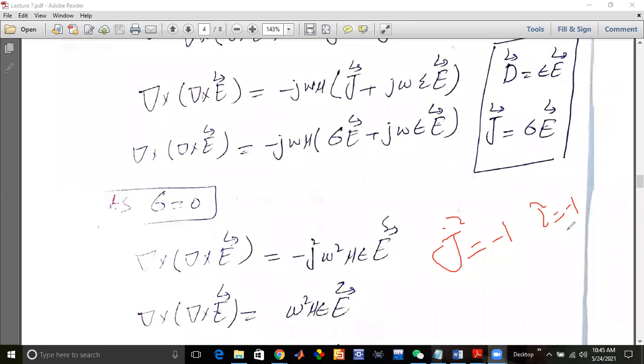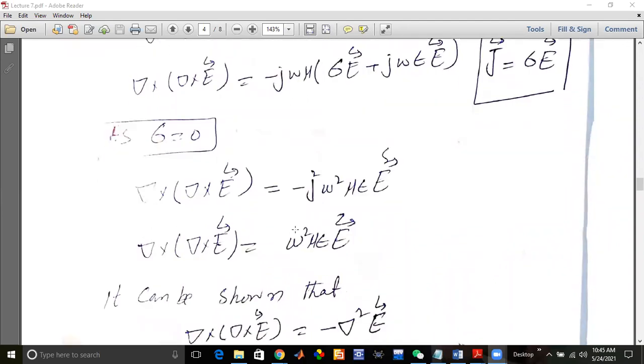So if we write j square as minus 1, minus minus becomes plus, so it becomes omega square mu epsilon E. This is our second equation: the double curl of E is equal to omega square mu epsilon and the electric field intensity E.